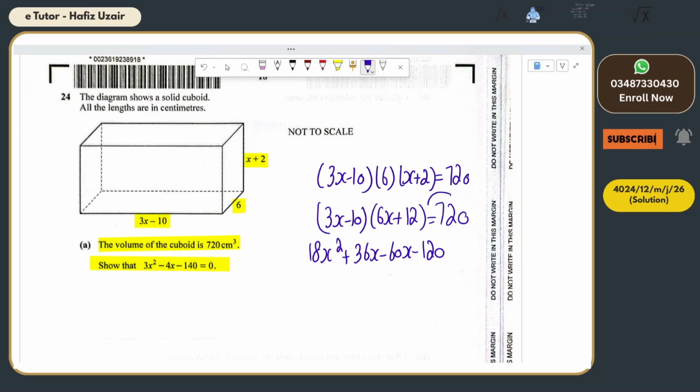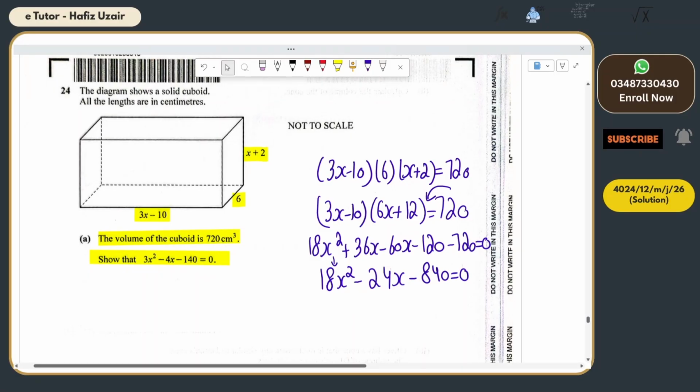And if we bring this 720 over here, because we need to make 0 on the right side, so minus 720 is equal to 0. We don't have any other terms of x squared, so we will write this term as it is. Now if we combine plus 36x and minus 60x, we will get minus 24x from here, and 120 minus 720 becomes minus 840, is equal to 0.